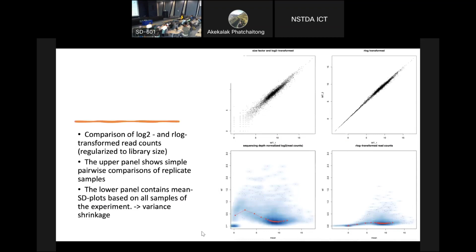Similarly, here what we're doing is a mean SD plot on all samples, just to look at the variation between the mean and the standard deviation. And if you do the regularized log, it's much flatter compared to seeing the hump over there, right? So you should also consider using this regularized log, R-log.